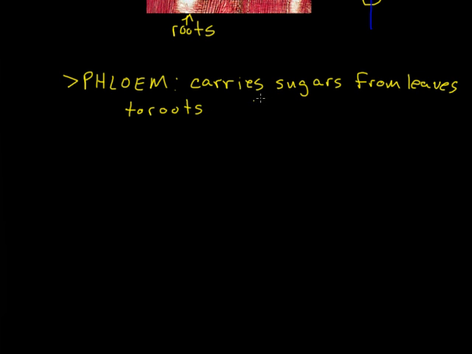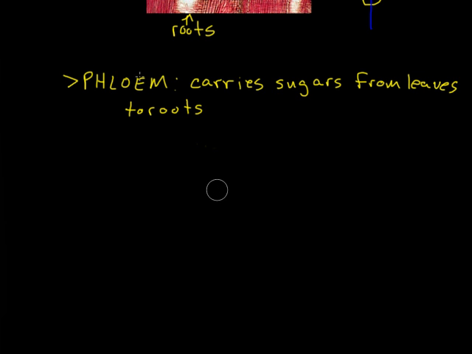Keep in mind, the sugars are all made in the leaves. Roots do not photosynthesize. They're underground. They can't even photosynthesize if they wanted to. There's no light down there. So the phloem carries the sugars from the leaves down to the roots so that the root cells have something to respire upon and be able to keep doing their job.